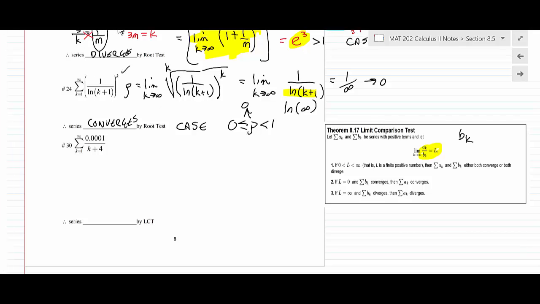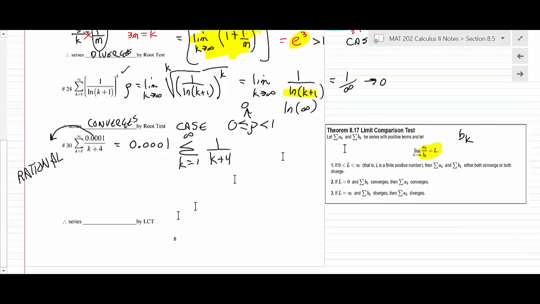So what I'm going to do on this one is start by bringing that 0.01 out. So I've got 0.001 times the series k equals 1 to infinity of 1 over k plus 4. Now what I said that we do on the limit comparison test is a lot of times rational functions. That's pretty important to pay attention to, rational functions. What do I mean by rational function?